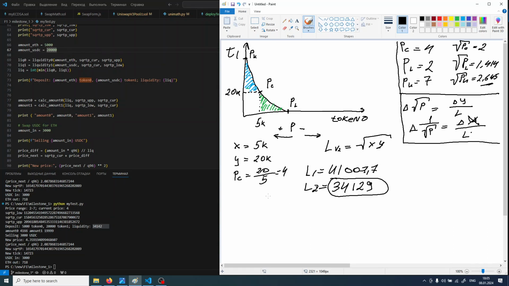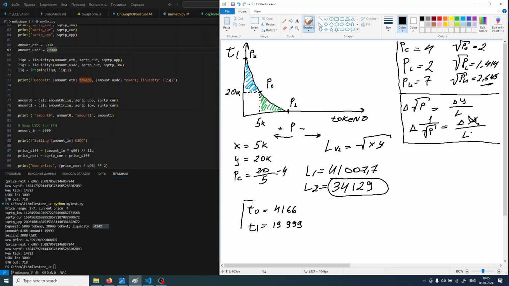And we know that from the user we must take token 0, 0.4166, and token 1, 90,999.